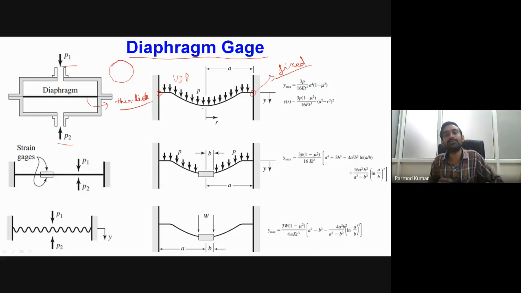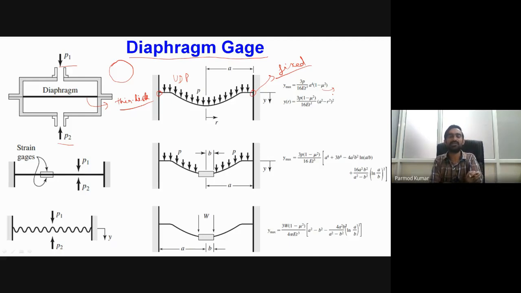Okay, so particularly for this type of diaphragm, our maximum deflection at the center will be given by this formula: 3p divided by 16 E T cube into a to the power 4, into 1 minus mu square. So over here E is nothing but modulus of elasticity of the diaphragm material, T is thickness of the diaphragm, and mu is Poisson's ratio.